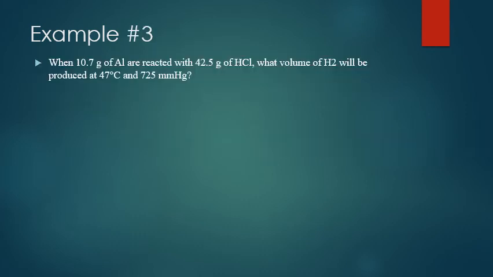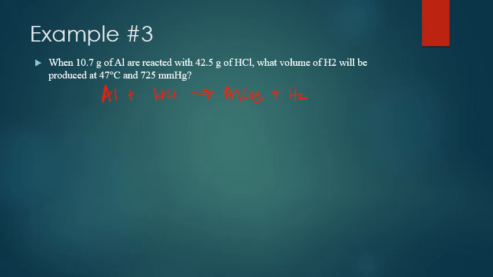So we're going to look at one last problem. So I figured since we are dealing with stoichiometry, what better way to do a stoichiometry problem than to end it on a limiting reactant. So as a beginning part, we have an equation of Al plus HCl forming AlCl3 and H2.